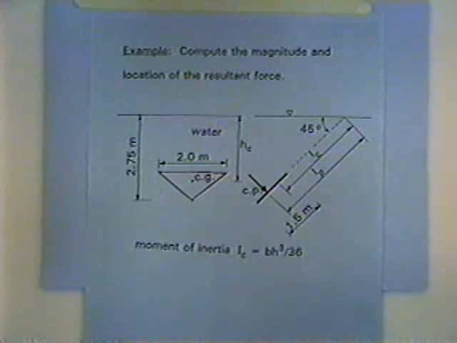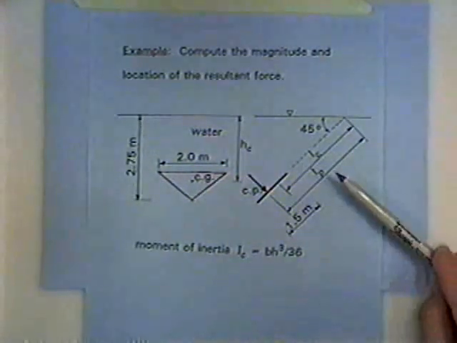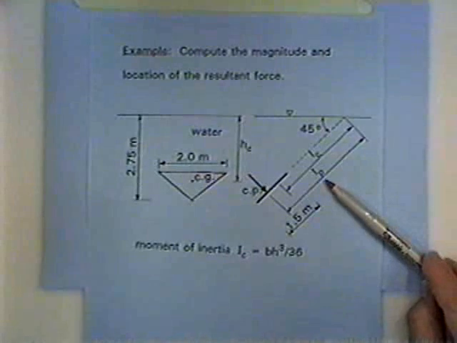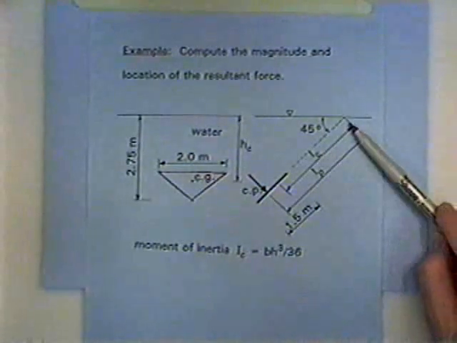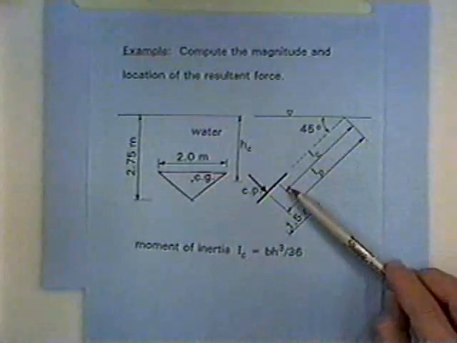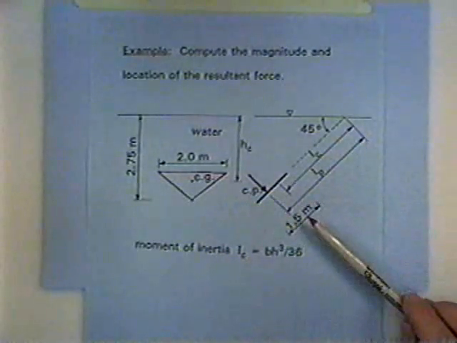Now the direction of the force is always perpendicular, normal to the plane surface when you're dealing with fluid statics. Okay, the formulas from the previous page had some terms in them that we can again redefine looking at the diagram. The L sub C is the distance from the water surface to the center of gravity of the plane surface.